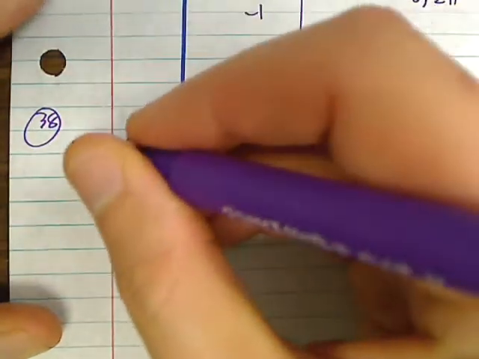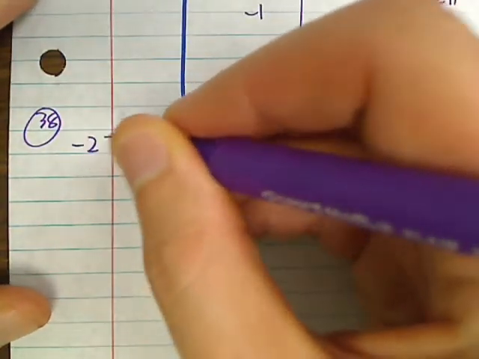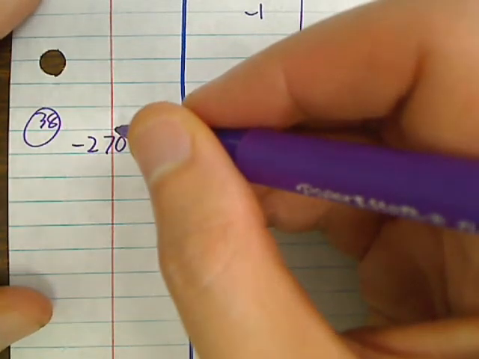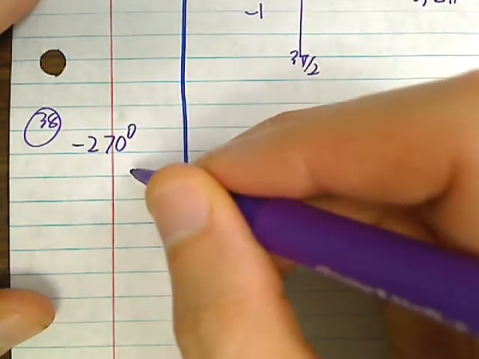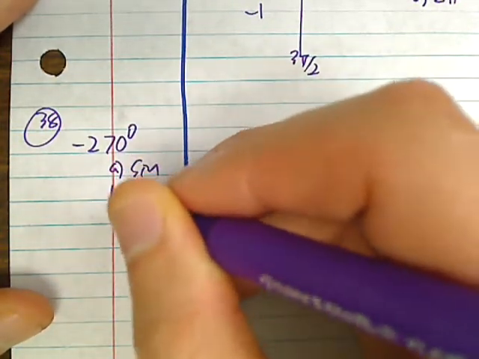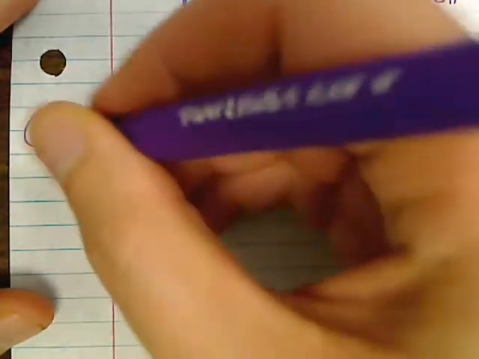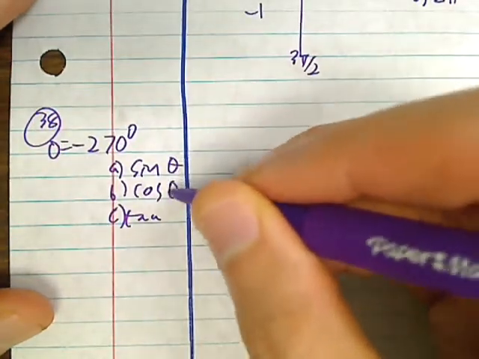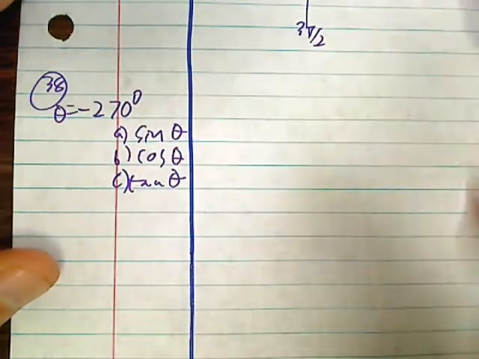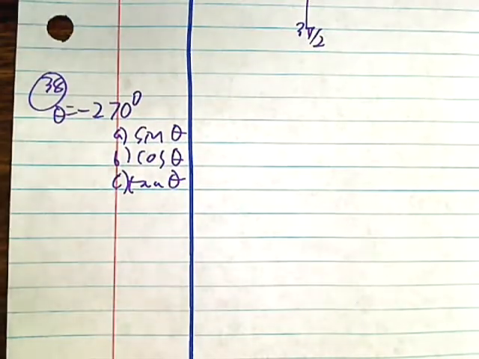So 38, negative 270 degrees. Find sine, cosine, and tangent. Theta equals negative 270.